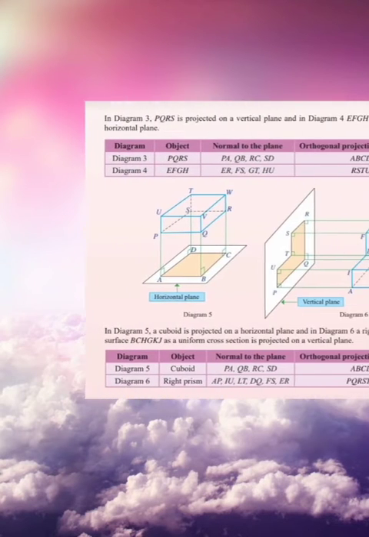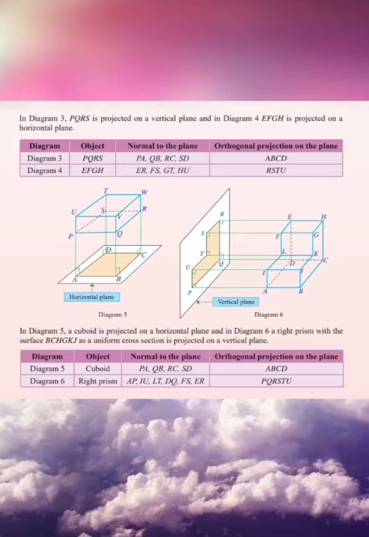So let's look at diagram 3 and diagram 4. Both diagrams are examples of orthogonal projection of a 2-dimensional plane object. In diagram 3, PQRS is projected on a vertical plane, and in diagram 4, EFGH is projected on a horizontal plane. In diagram 3, the object is PQRS, and the normals to the plane for the object are PA, QB, RC, and SD.